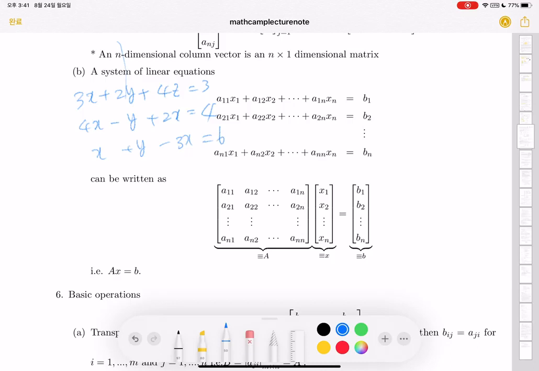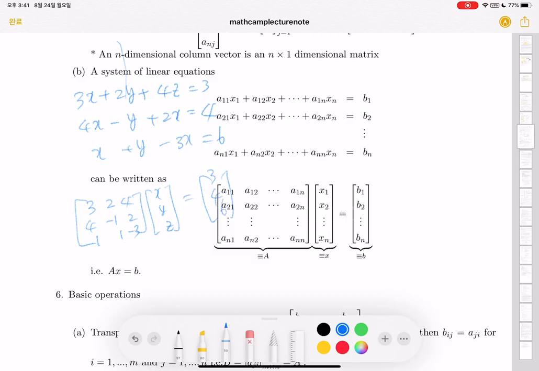Okay, and if you use the matrix rule, you can rewrite this system of equations using a coefficient matrix, 3, 2, 4, 4, minus 1, 2, 1, 1, minus 1, a variable vector x, y, z, and a constant vector 3, 4, 6.